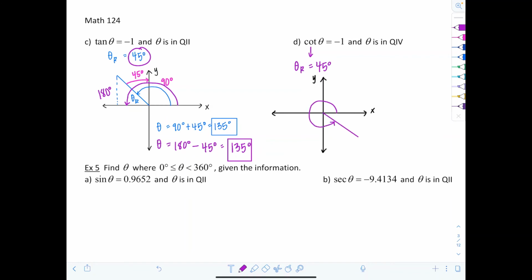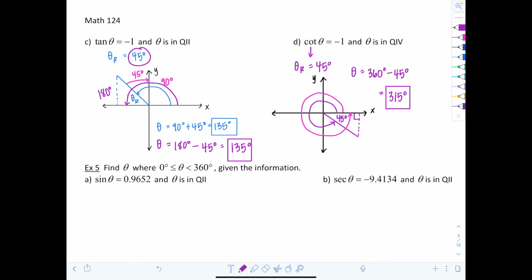This little angle in here is 45 degrees. Had we kept going, one complete revolution is 360 degrees, but we stopped short. So my original angle theta is 360 minus 45 degrees, which is 315 degrees.